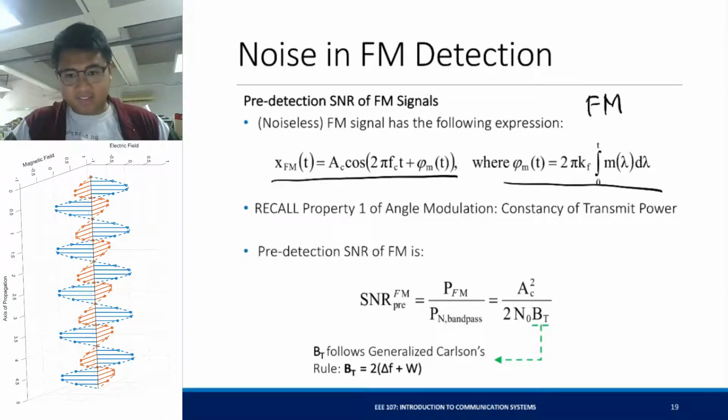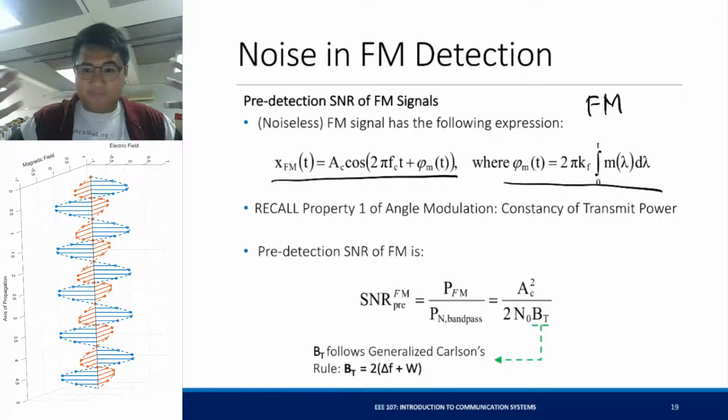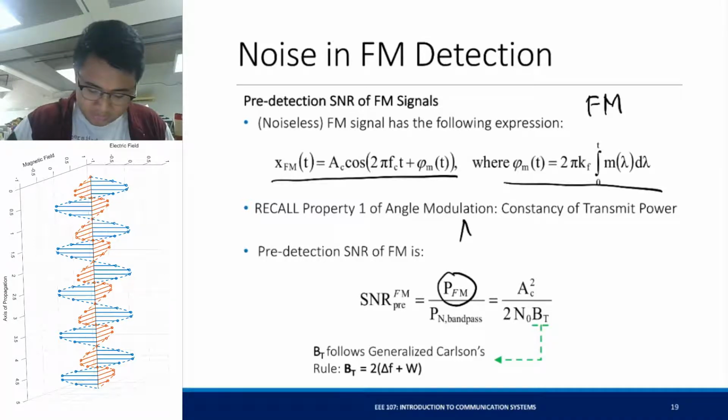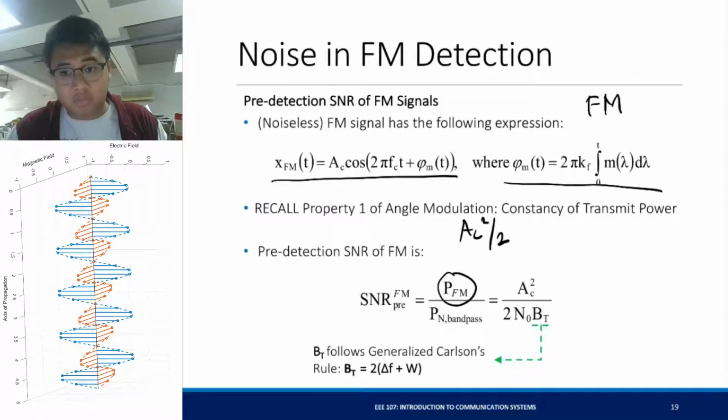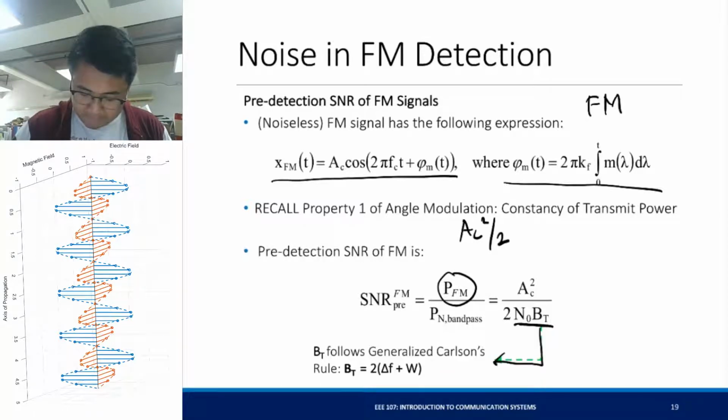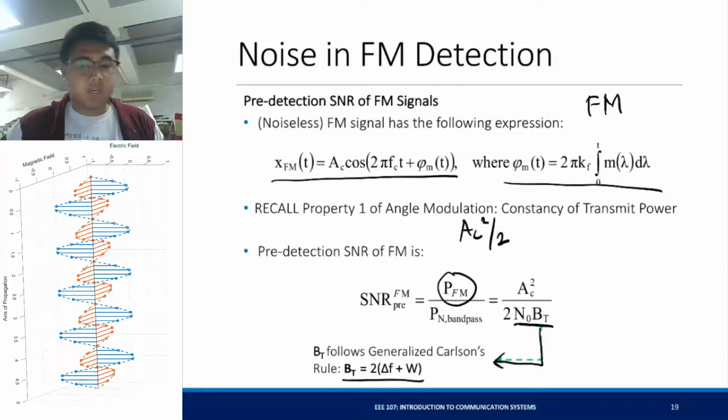It doesn't matter if you have an FM or PM signal, but the pre-detection SNR of FM is dependent on the power of FM, which is just equal to Ac squared over 2, and that's it. It does not depend on the message power at all. And the noise power is equal to N naught times BT, where BT is the bandwidth using Carson's Rule.